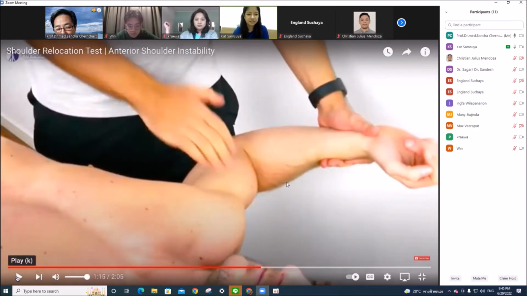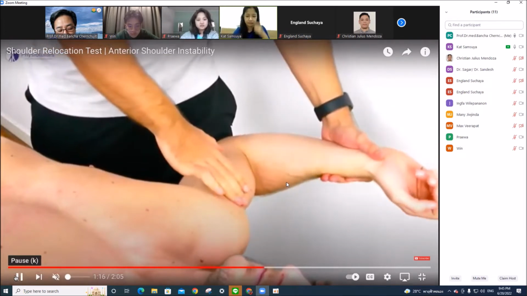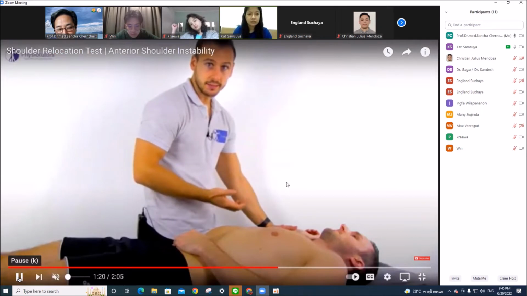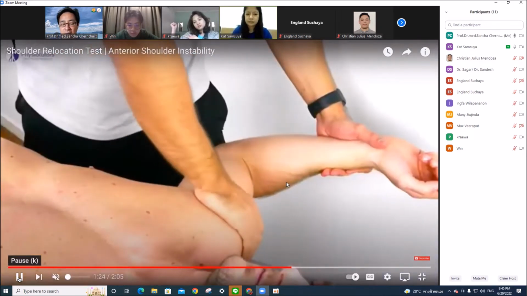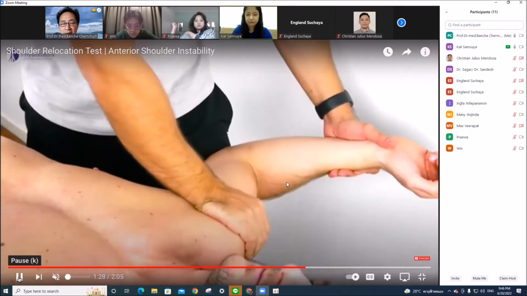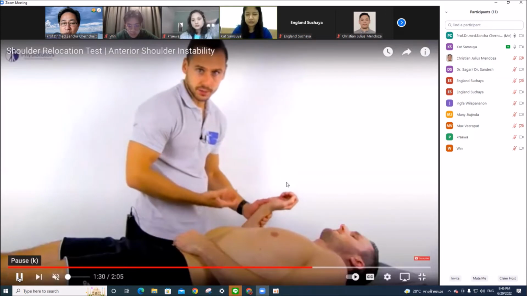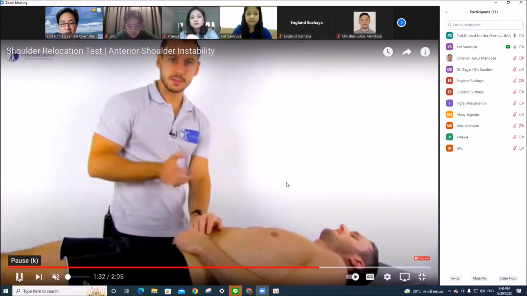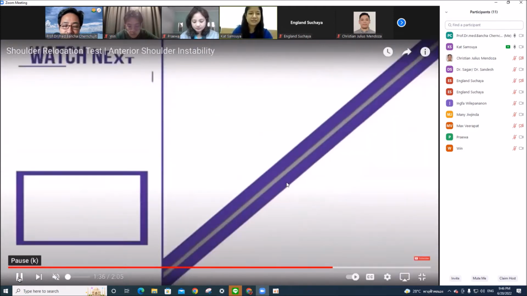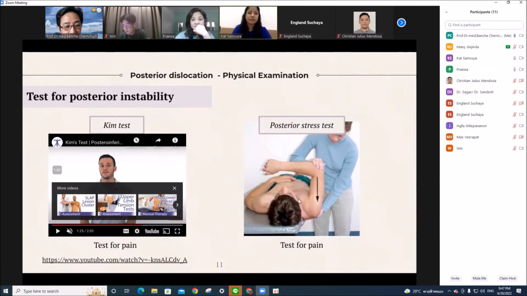When the patient has the feeling of pain, or the feeling like the shoulder is getting out, then you push it back. The feeling of dislocation will be gone. So we call this the shoulder relocation test.